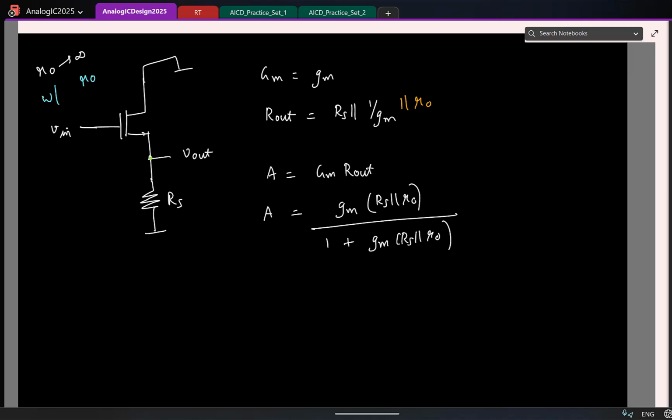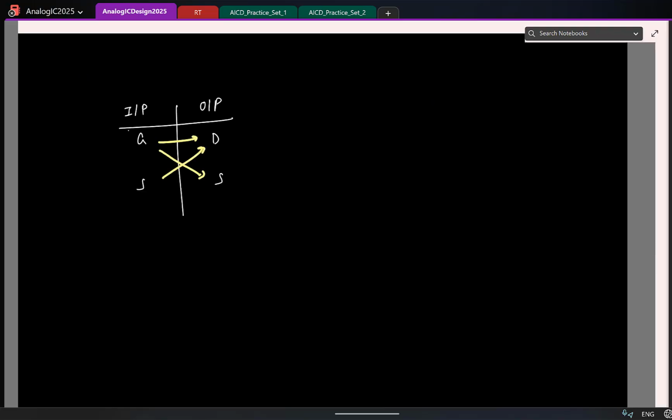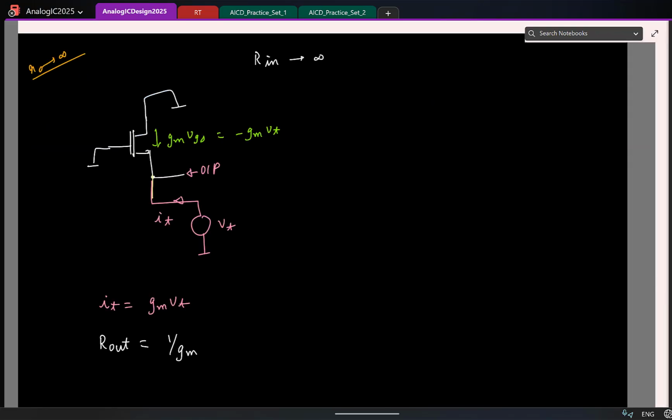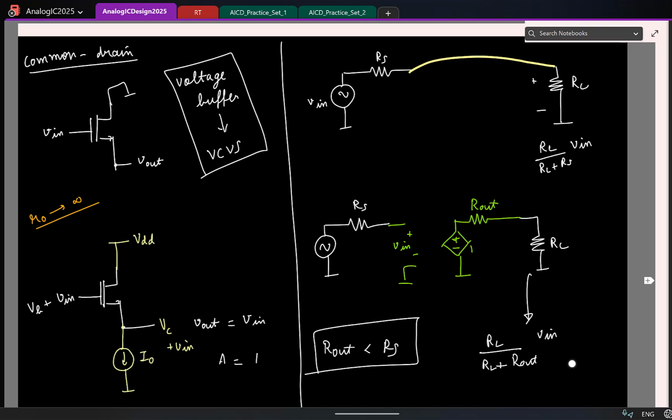Now let's try to understand if for some special cases we can predict the result. Is there some special case of RS and R0 for which we already knew what the gain was? I mean, remember when I had an ideal current source? When I had an ideal current source, without calculating, by logic we could say gain was 1.